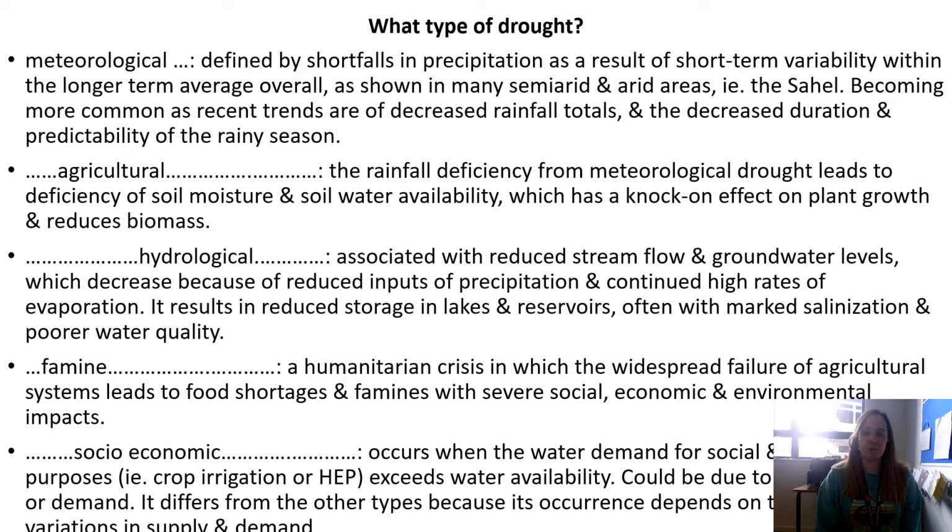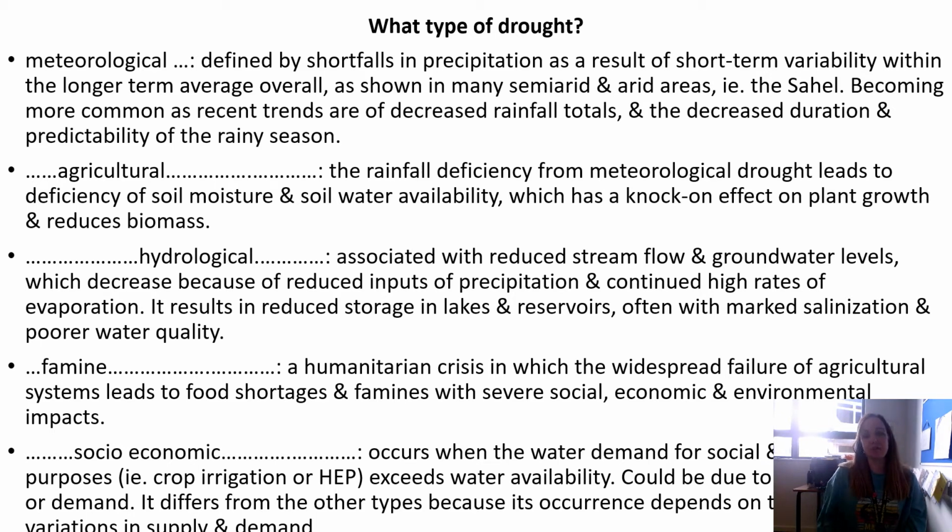Agricultural drought is almost an exacerbated example of meteorological drought. So it's where the rainfall deficiency from the varying rainfall, so reduced rainfall or increased evapotranspiration, actually leads to a deficiency in soil moisture. So there's actually less rain going into the soil, so it's causing a longer term issue once it becomes agricultural.